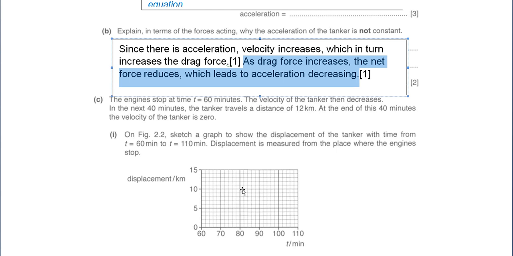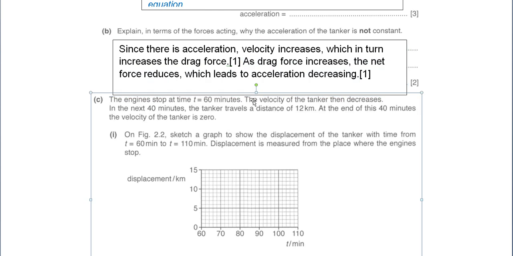Because we are drawing a displacement time graph, which is quite rare but definitely within the syllabus, we need to pay attention to how to express the fact that velocity of the tanker then decreases. So how does velocity decrease get expressed in a displacement time graph? You should know that displacement time graph's gradient is velocity, and therefore velocity decreases means that the gradient of the graph decreases.